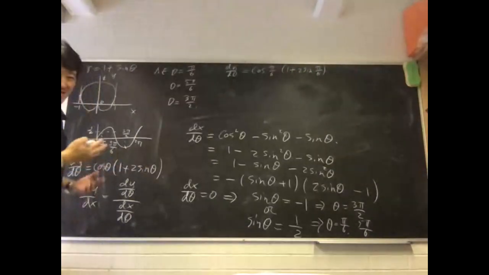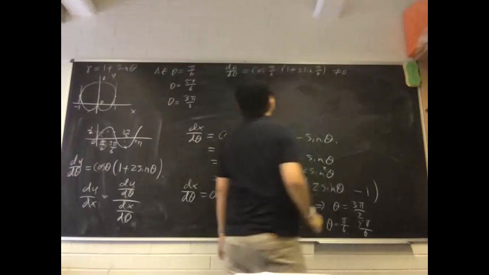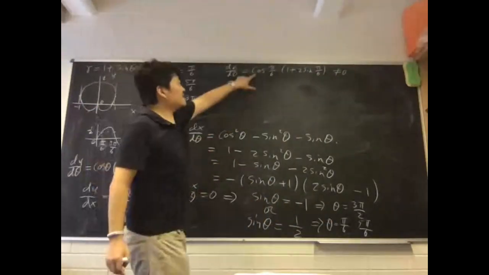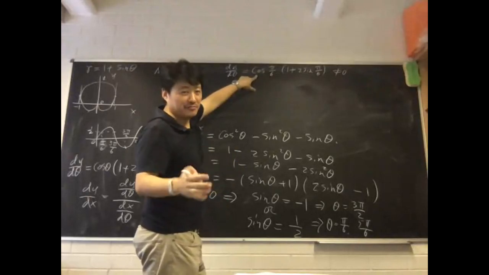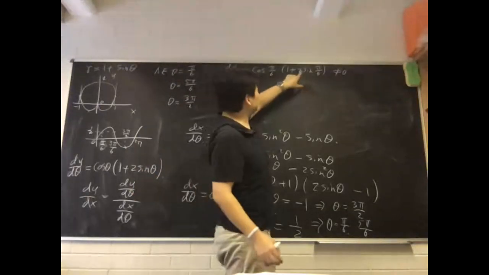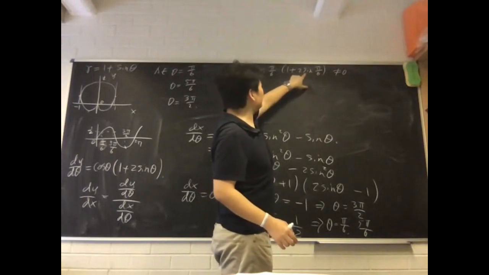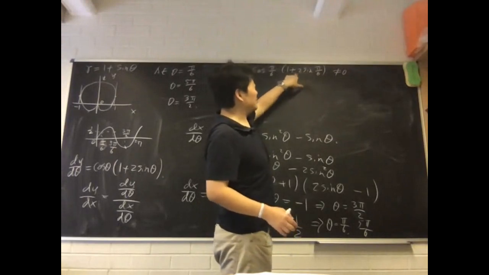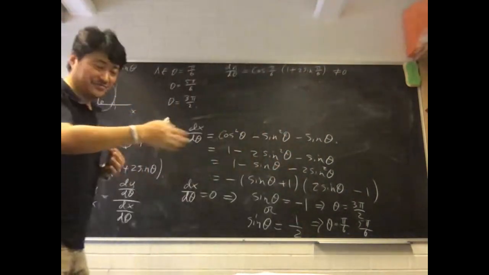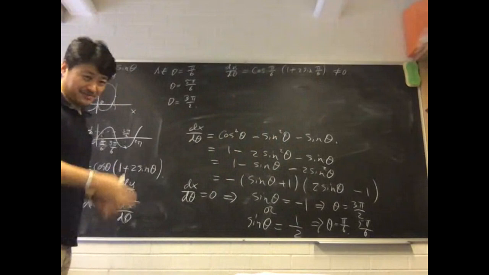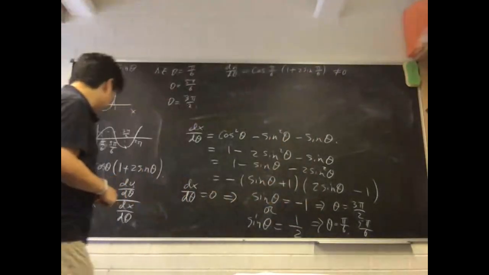Whatever that number is, it's definitely non-zero. Cosine is only 0 at half integer multiples of pi. And what does this need to be? Sine needs to be negative a half in order for this to be 0. Sine is only negative a half after pi. So that's never going to be 0.